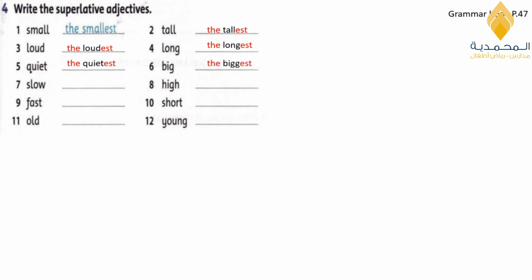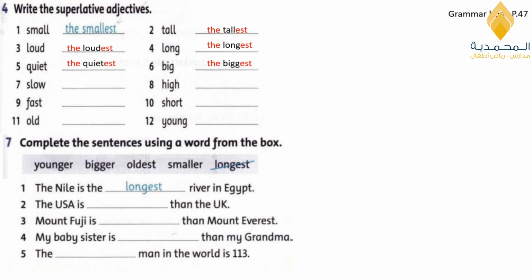Slow, the slowest. High, the highest. Fast, the fastest. Short, the shortest. Old, the oldest. Young, the youngest. Let's answer exercise number 7.